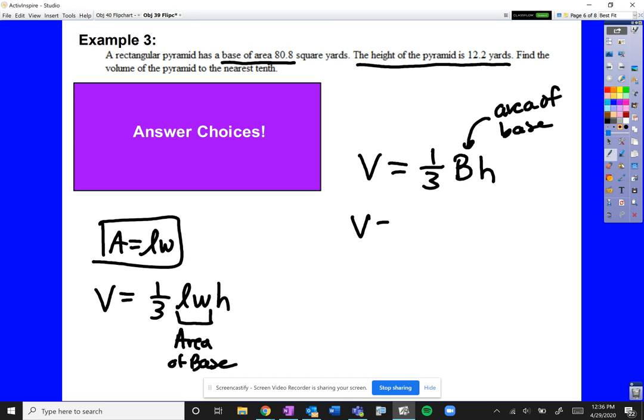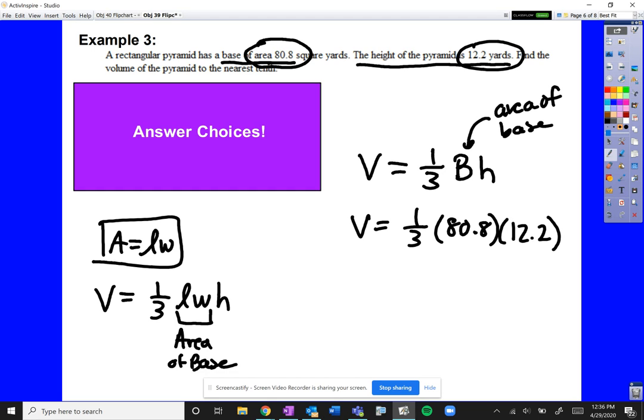So we have our 1/3. We were told the area of the base is 80.8, and then we have the height is 12.2. So we can just replace length times width with area, because we know that for a rectangle, length times width gives us the area.